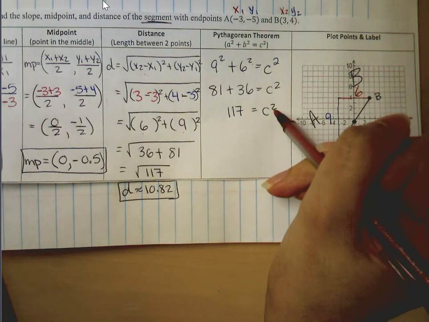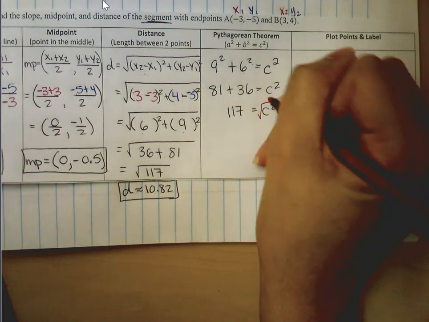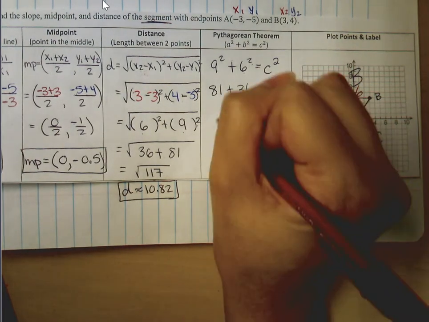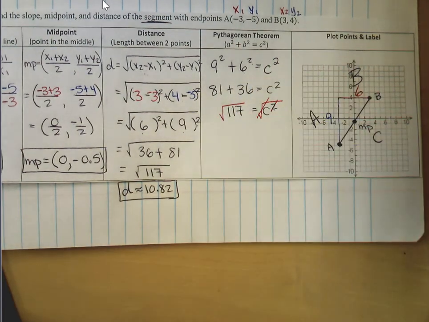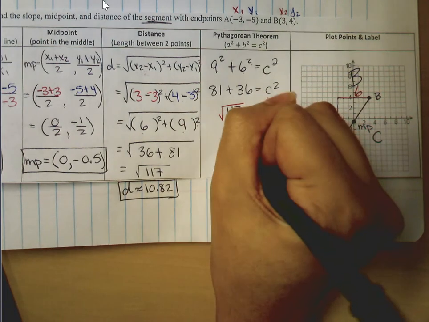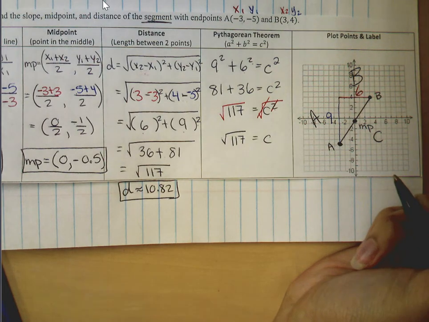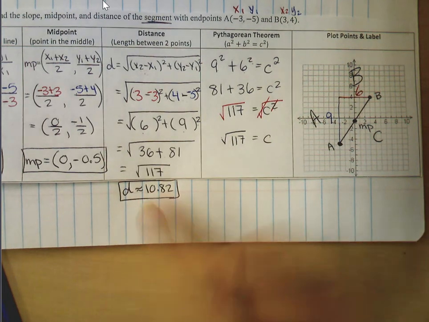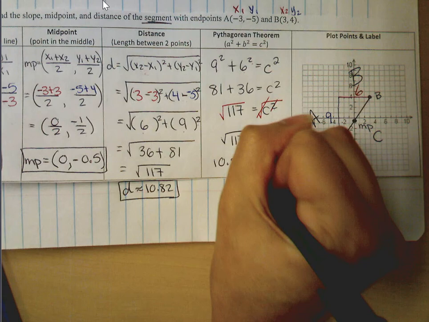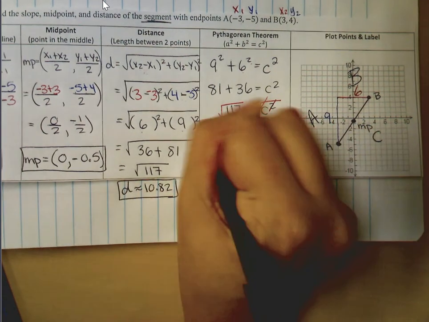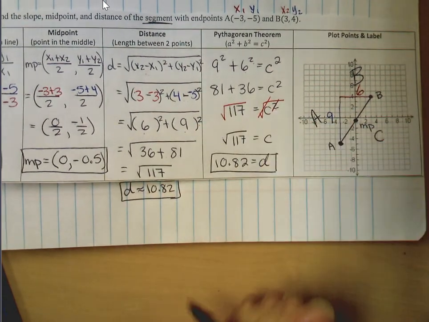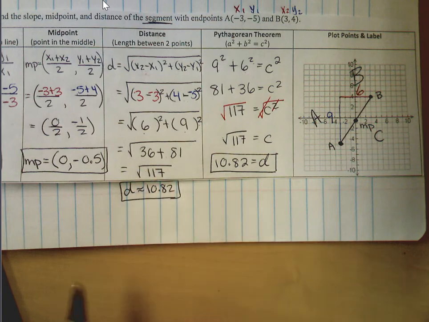To get rid of that exponent, you have to take the square root, and it cancels out, and you do it to both sides. So now you have the square root of 117 equals c, and we just type that into our calculators. That's 10.82. It's going to give you the distance. So just a different method to find the same thing. You can choose whichever you like better.